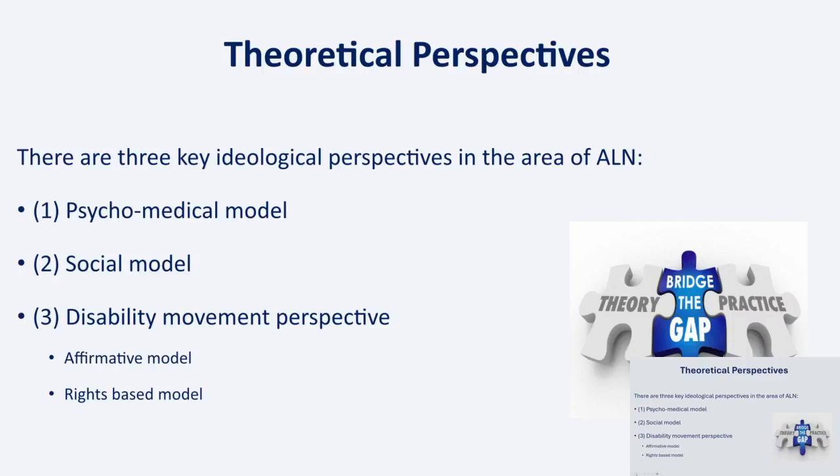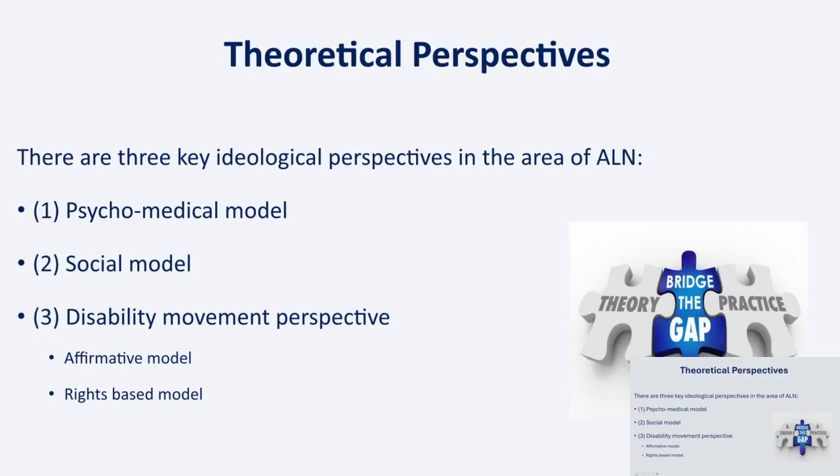And this comes through, I think, very clearly in the different perspectives. So the three key ones we've got, I suppose, the psychomedical model, the social model, and the disability movement one. And again, each of these have got their own advantages and disadvantages. I think we've moved definitely away from the first one, although there are still aspects of that first one that are useful.